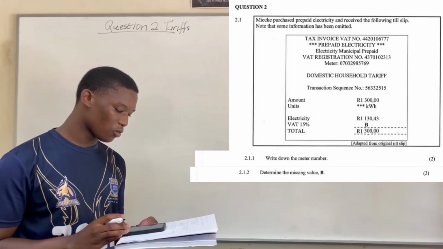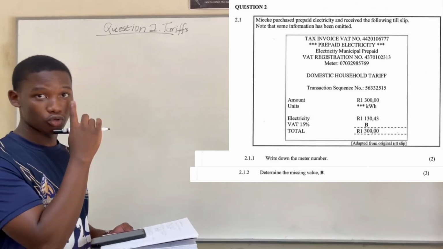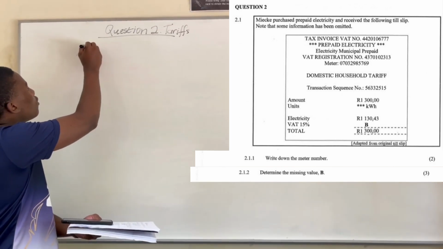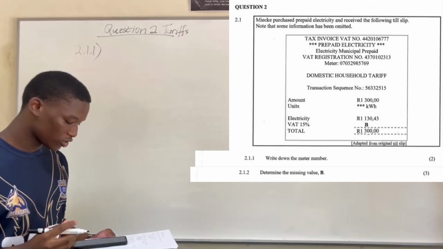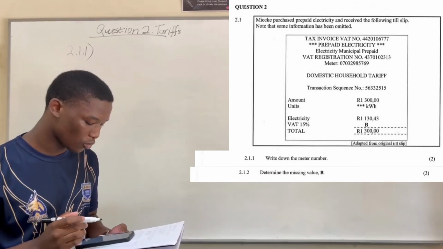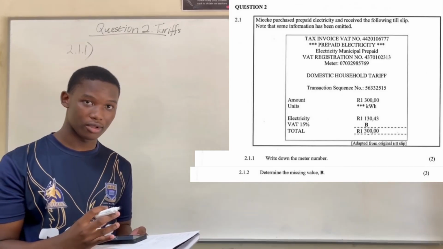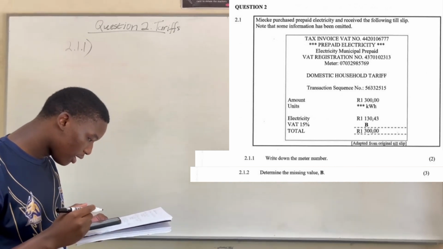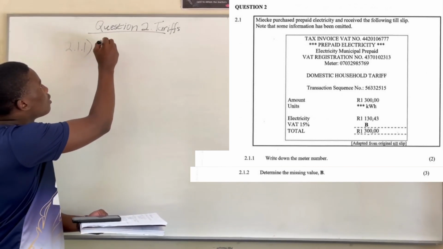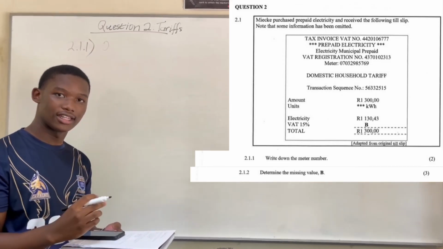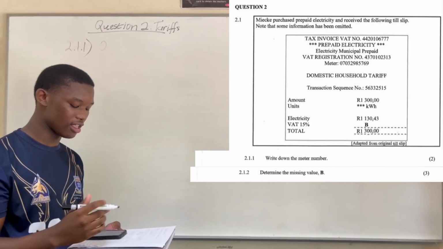So with that in mind, question 2.1.1 says write down the meter number. So we're going to look at the till slip for the meter number. This is just 2 marks, so you just comprehend what is on the till slip and then write it.